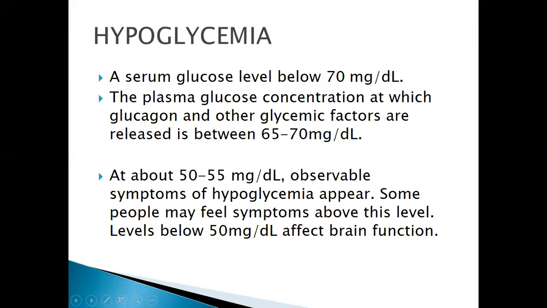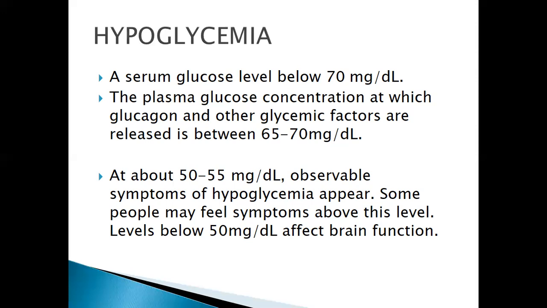Now another carbohydrate disorder is hypoglycemia. This is actually opposite to hyperglycemia and diabetes mellitus. In hypoglycemia, there is a low serum level, below 70 milligrams per dL, such that your body's first line, in states wherein there is a decreased level of glucose, particularly at 65 to 70, is to release glucagon.